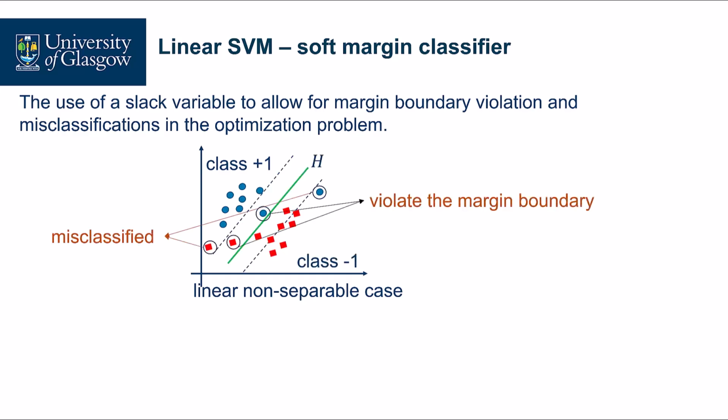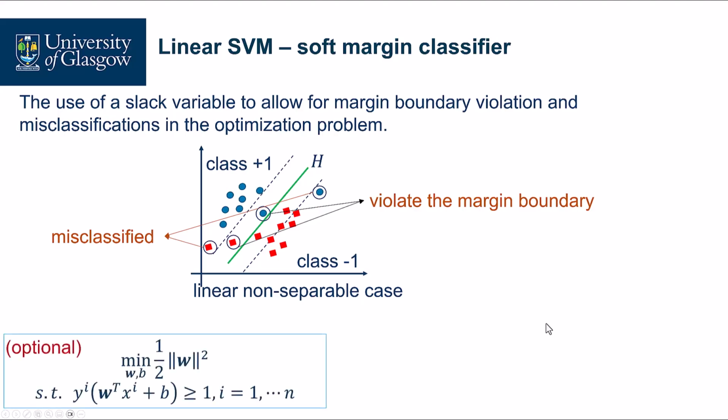For the three types of support vectors, type 2 is here and here. They violate the margin boundary, but they are still not misclassified, on the correct side. And the type 3 points are already misclassified, and we need to allow them to some extent.